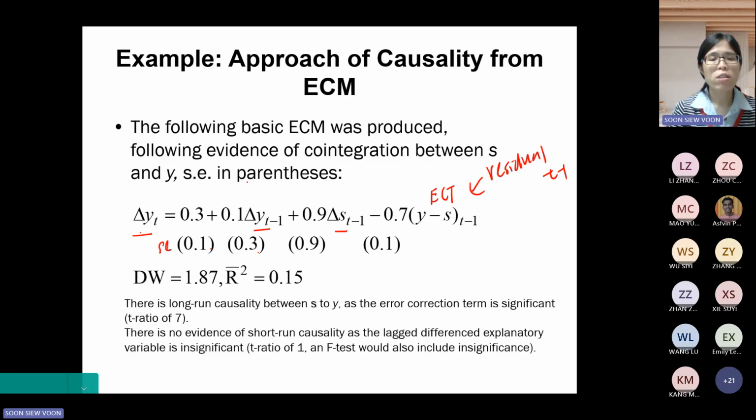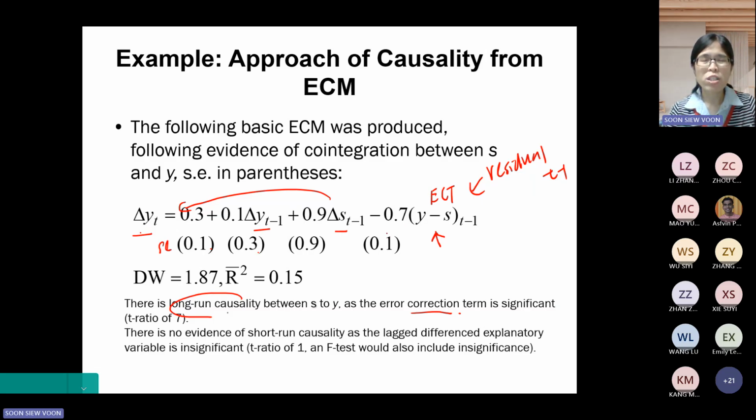Can we use this to test for long run causality? Yes. The long run causality from S to Y can be tested based on the ECT. If the ECT is significant, then there is a long run causality from S to Y.